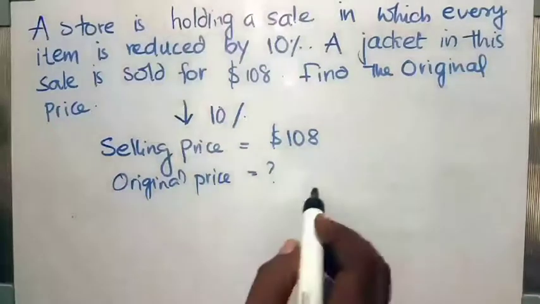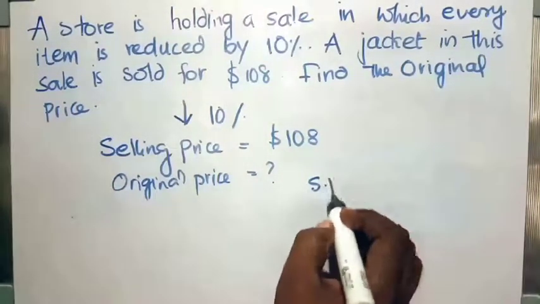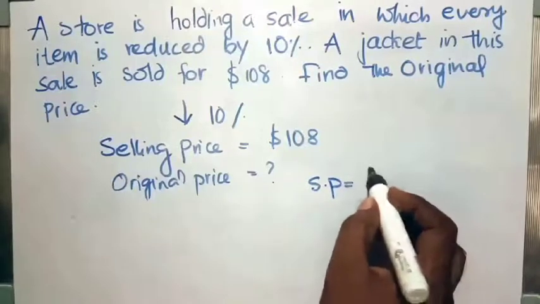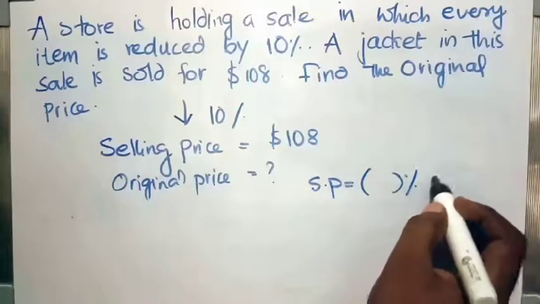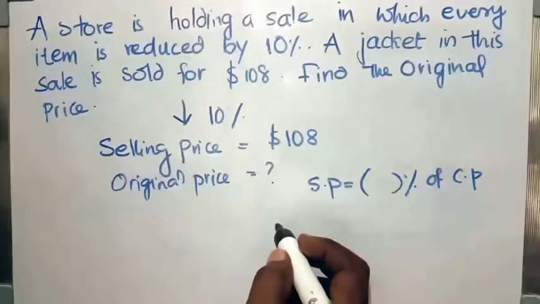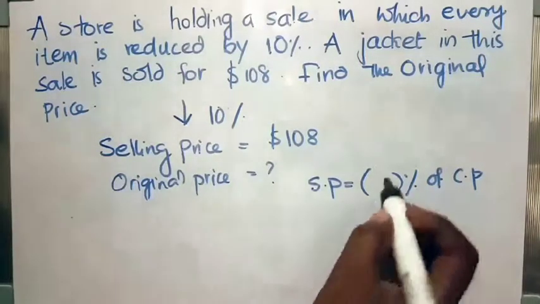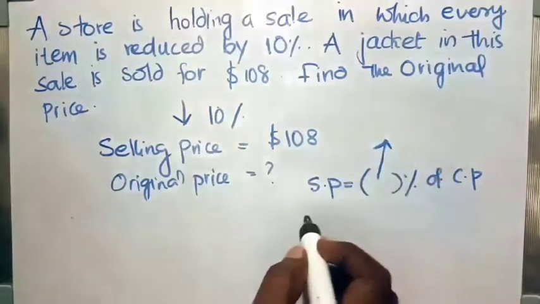So here you have to remember the concept. Selling price is equal to a percentage of cost price. Recall that concept from managing money. So what does this percentage stand for?